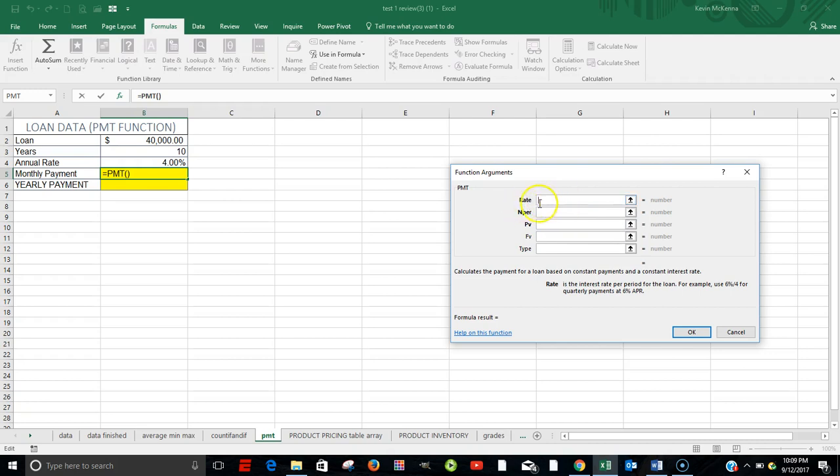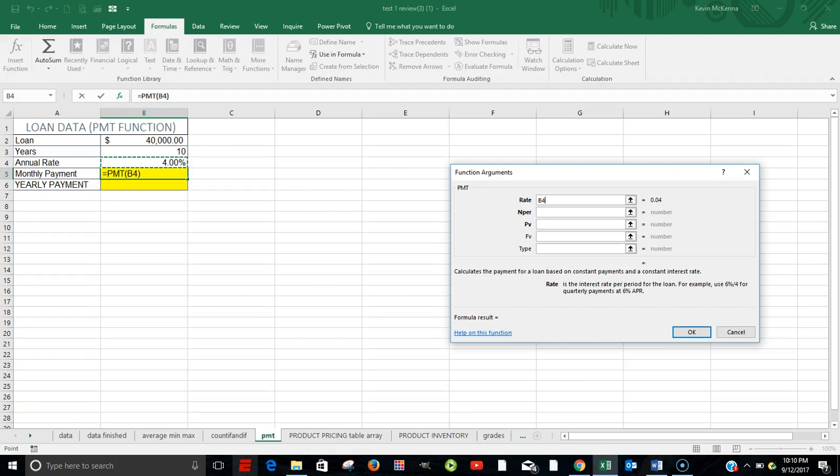Go with our rate. So that's our first line, and it's explained right over here. It's your interest rate, 4%, which happens to be in B4. We're going to be making monthly payments.